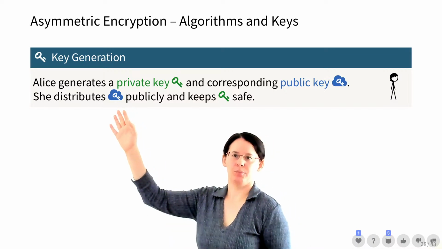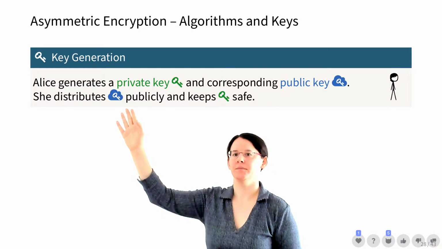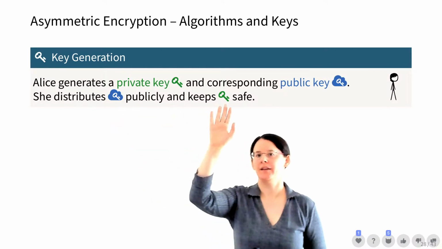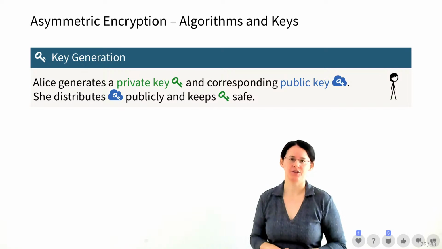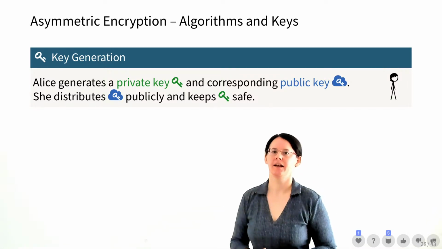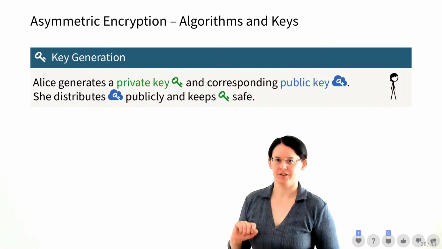So she makes it available and she tries to show people that this is her public key, convince them in some way. The other half, the private key, she keeps safely to herself. So for example, she stores it in a key store, password protected, and what have you. Okay, so that's the key generation part, two keys.